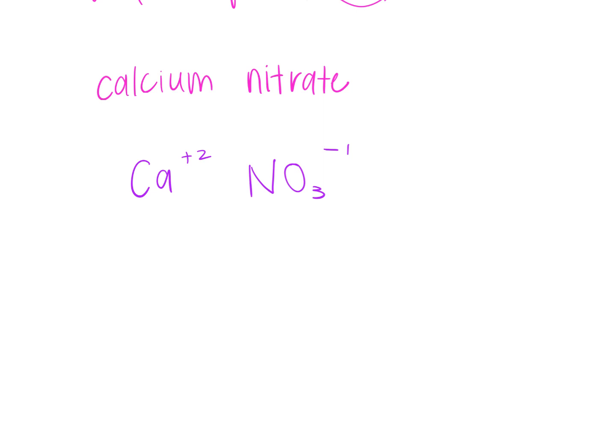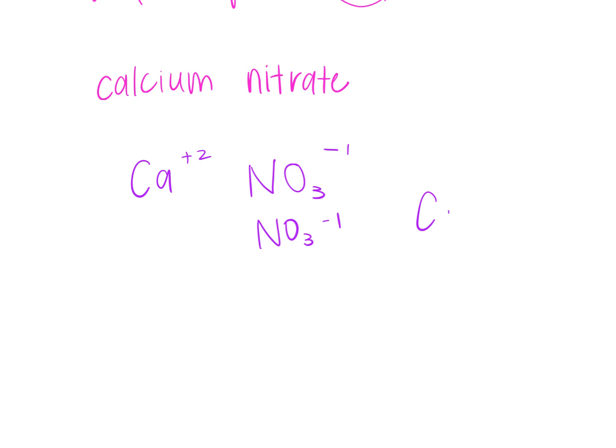Or do you like the crisscross better? Can you see right away how they're going to have to fit together? If they're going to fit together, we need 2 nitrates. Would we agree with that? So here's how it works.